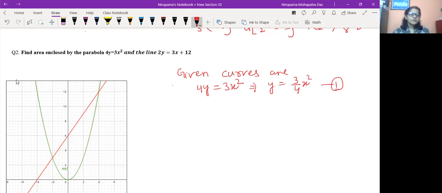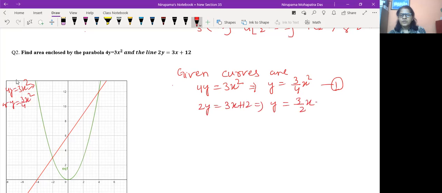So this parabola is 4y equal to 3x square, or y equal to 3 by 4 of x square, representing the parabola. Second one is 2y equal to 3x plus 12. It means y equal to 3 by 2 x plus 6.